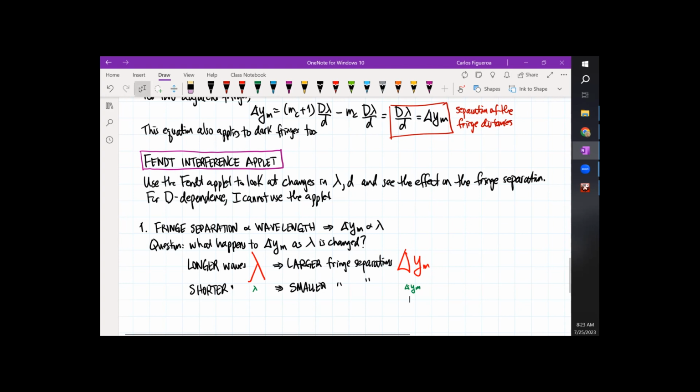So let's go look at the applet. If I share it, I'm going to fix D here. How about if I look at 2000 nanometers?